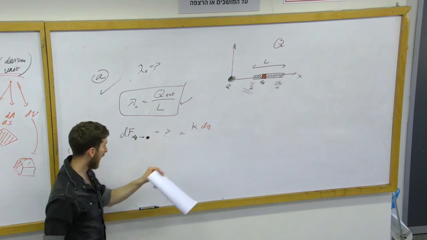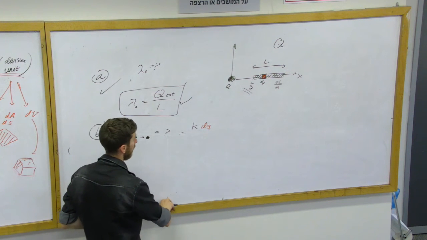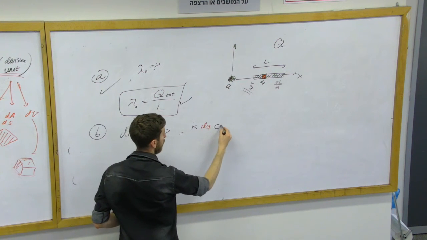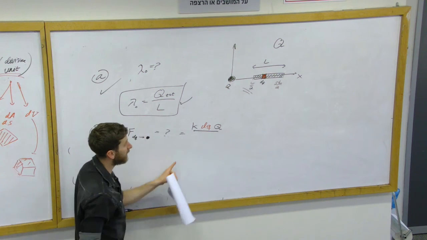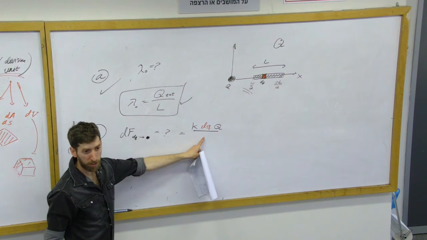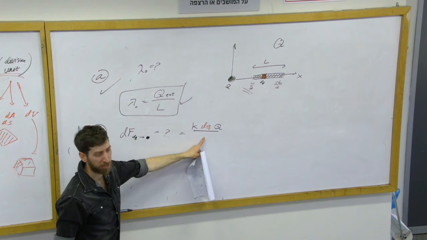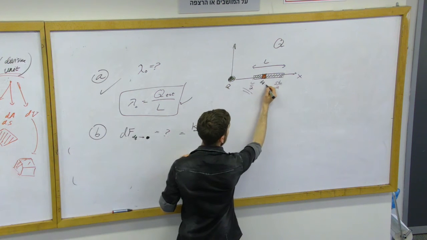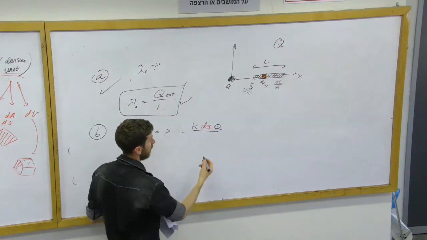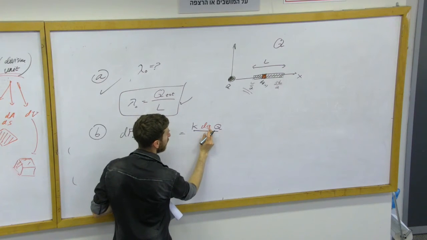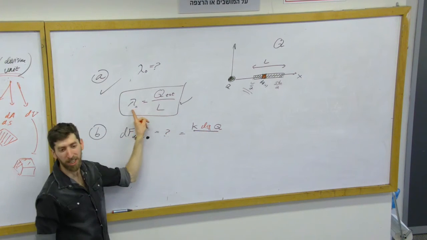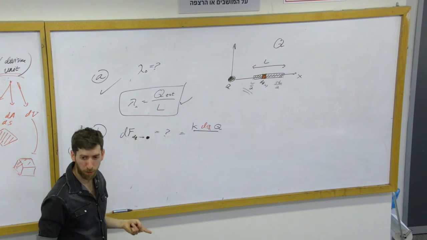And we have this Q here. What is the distance between them? I can say it's x, if this is dq at the place x. I actually don't need to write the place x because they're all the same, because it's a uniform charge density.